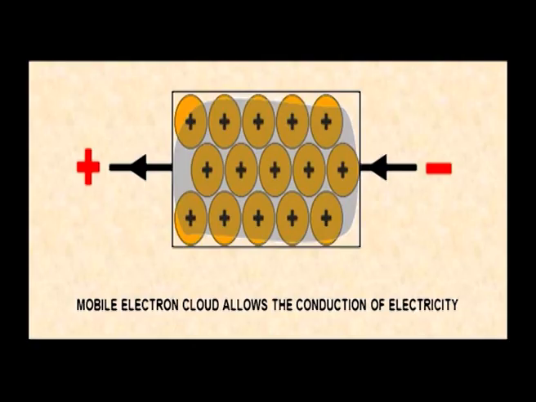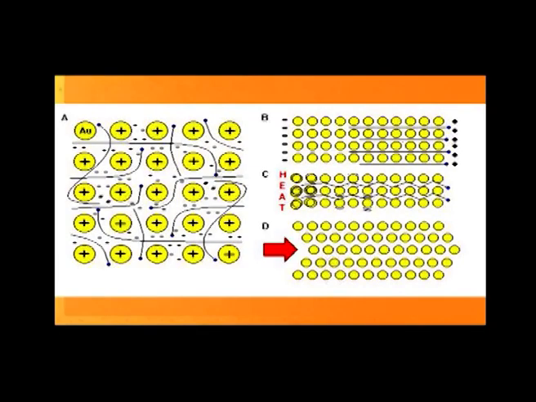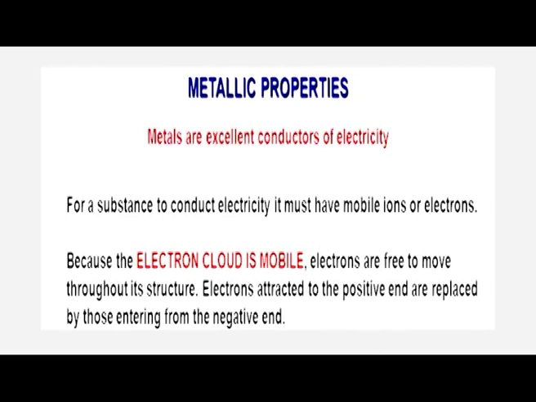No directional forces are involved and no molecules are formed. Properties: because electrons are free to move from ion to ion throughout a metallic substance, metals are good conductors of electricity and heat and are opaque to light.